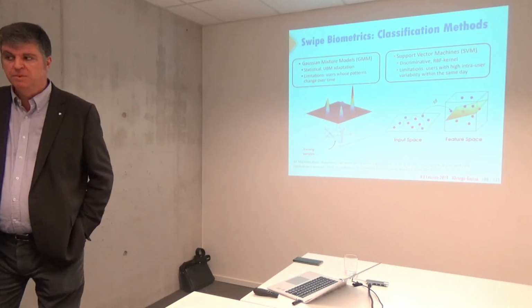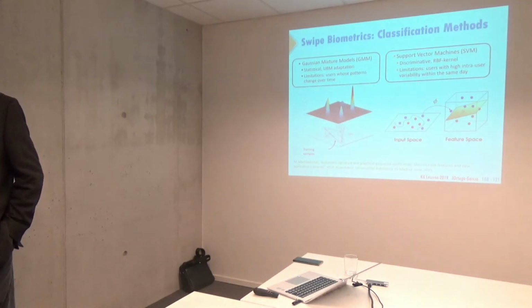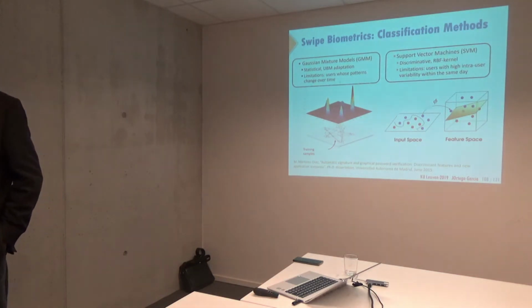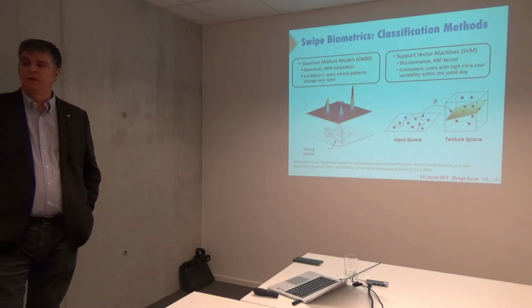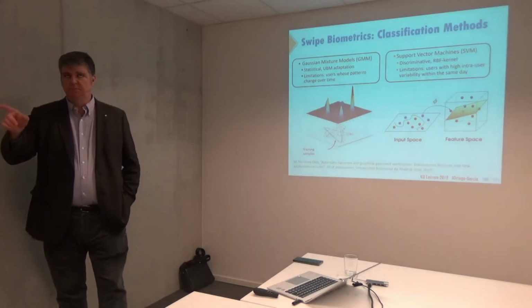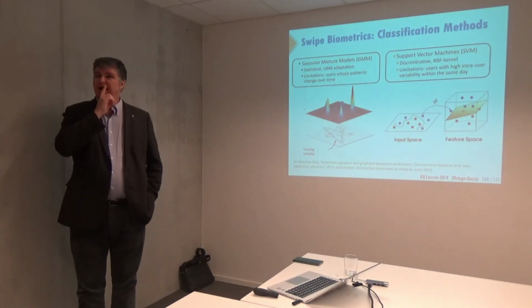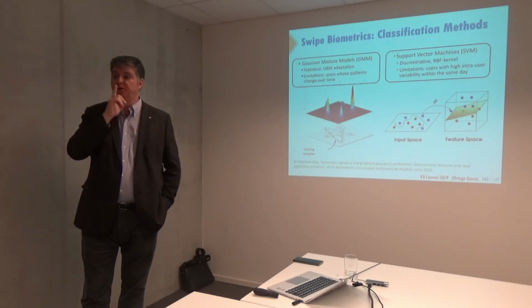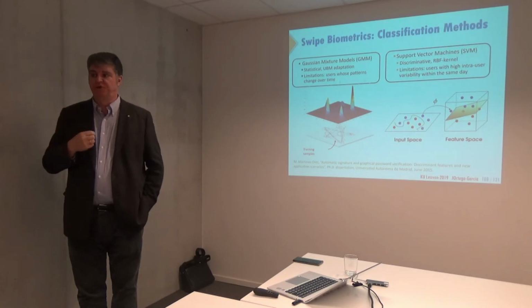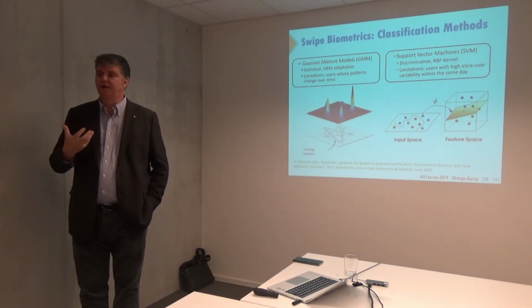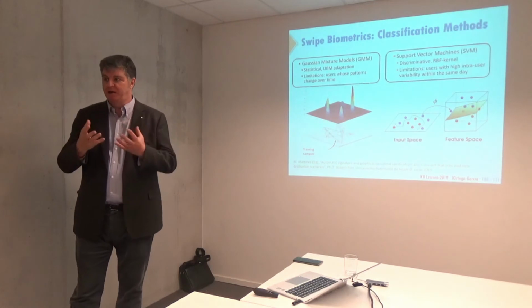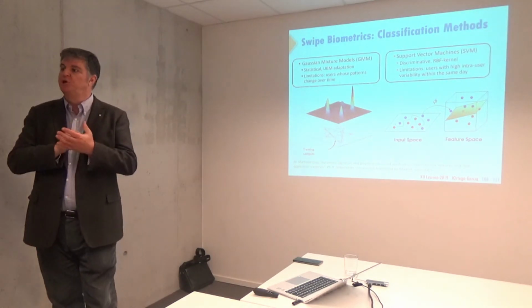Do you think for a security application it's fair to use naive imposters? Because as soon as you were using skilled imposters, the equal error rates were very, very bad, actually. Well, this is also an interesting question. Signature is the only trait in which we use forgeries, skilled forgeries. Why? Because we understand it is quite easy for someone to look at or see or in any manner reproduce your signature.